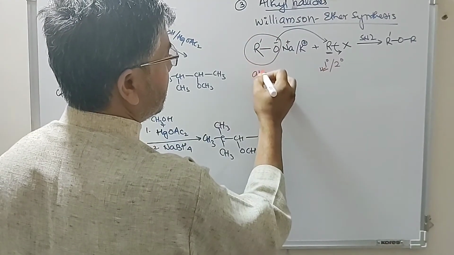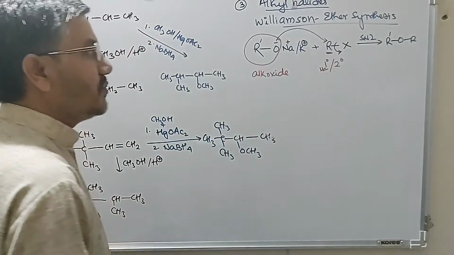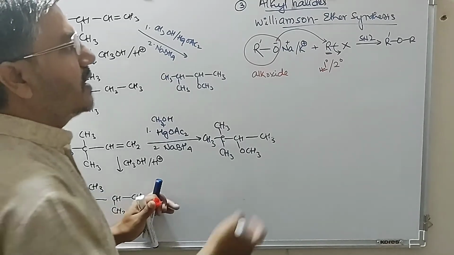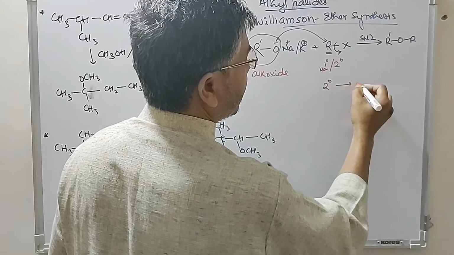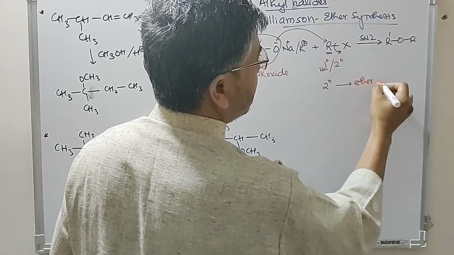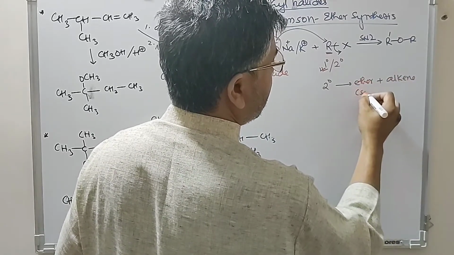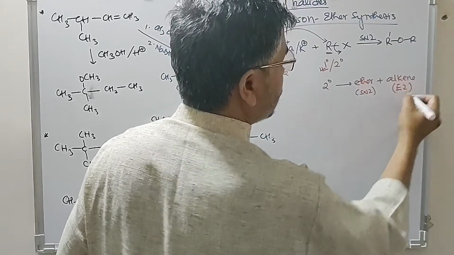and this alkoxide can be primary, secondary, tertiary, whatever it may be, but the alkyl halide should be primary. With secondary, ether plus alkene will be formed: ether by SN2, alkene by E2.